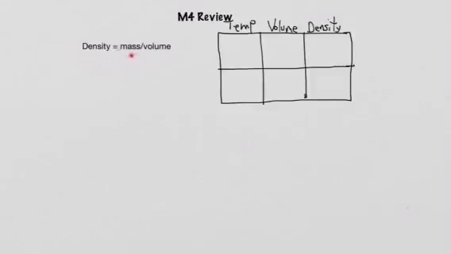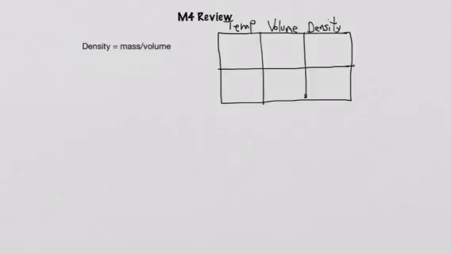You can pretty much think that mass is going to be constant through this whole entire testing process on this unit. We're only going to be looking at volume and how volume is going to change with temperature. Okay, so we've done this before, but if you don't get it at this point, then we need to just kind of go over it.